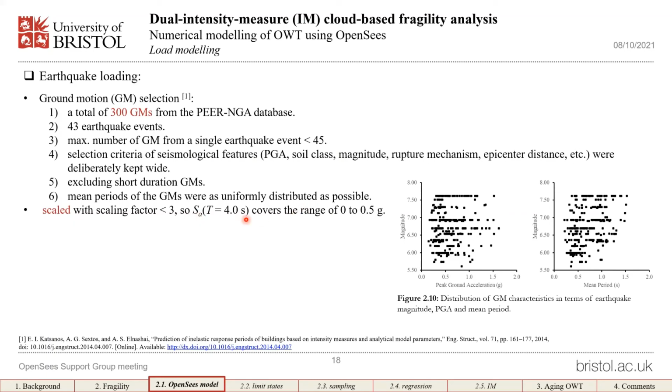The purpose was to introduce as much variability as possible. So unfortunately, we didn't consider what you have said in our study.